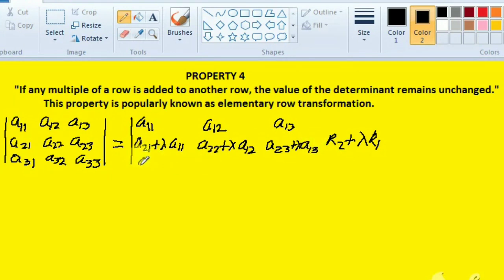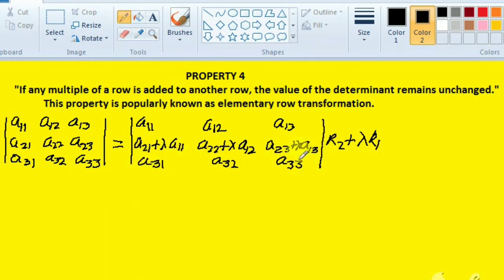And now the third row remains as it is, A31, A32 and A33. Determinant closed.